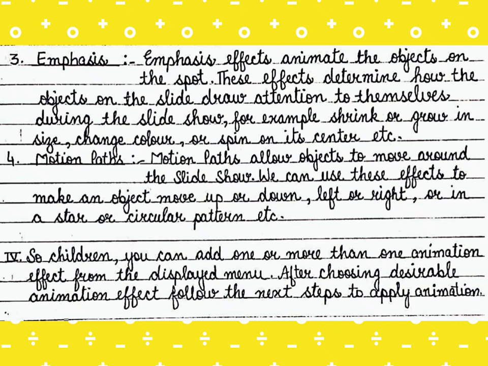We can use these effects to make an object move up or down, left or right, or in a star or circular pattern, etc. So children, you can add one or more than one animation effect from the displayed menu. After choosing desirable animation effect, follow the next steps to apply animation.